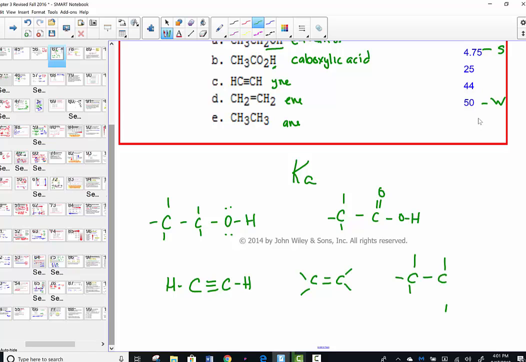So these are the molecular structures of our 5 choices: an alcohol, carboxylic acid, ene, ine, ane.